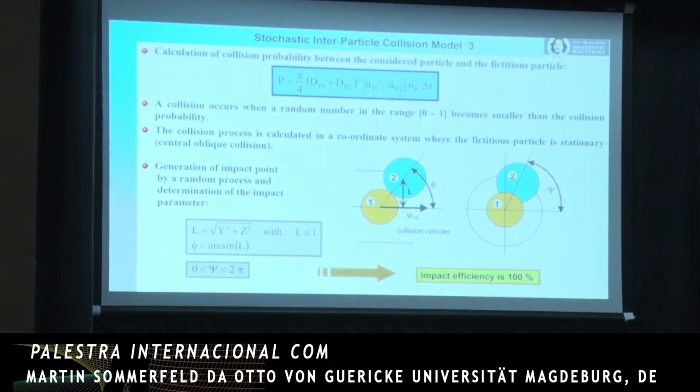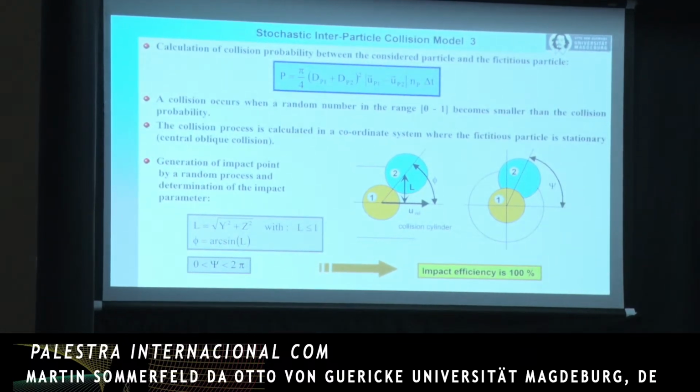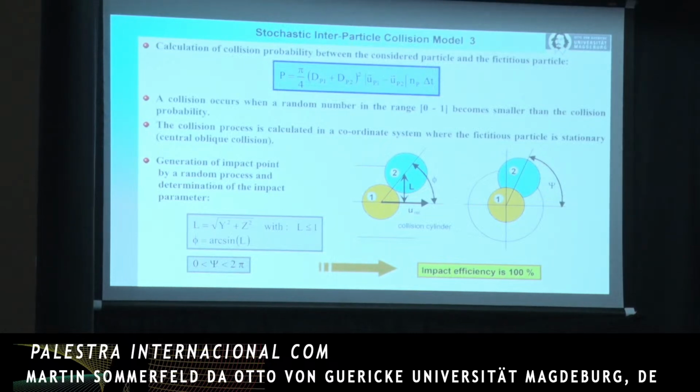Okay, all the collision process is then done in a coordinate system where one particle is fixed. Talking about agglomerates, normally the agglomerate is fixed, so you transform all the velocities, linear and angular velocities, and do the collision process. If we do so, we can easily generate the impact point. That's what we need.